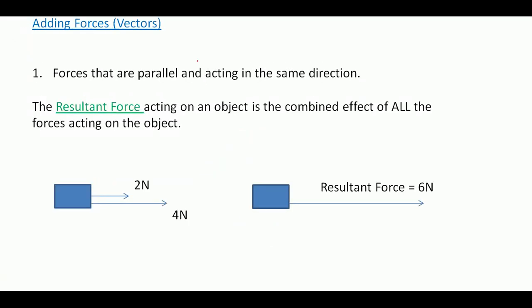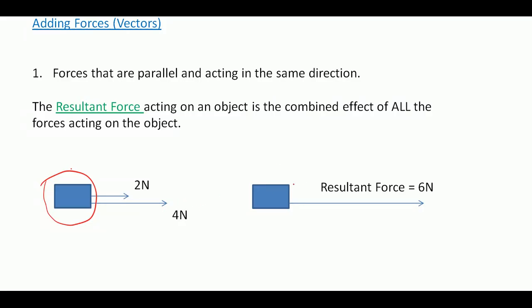Now, how do we add vectors? Forces that are parallel and acting in the same direction, what do we do? So let's look at this box here. It's being acted upon by two forces, a 2 Newton force and a 4 Newton force, both acting towards the right.